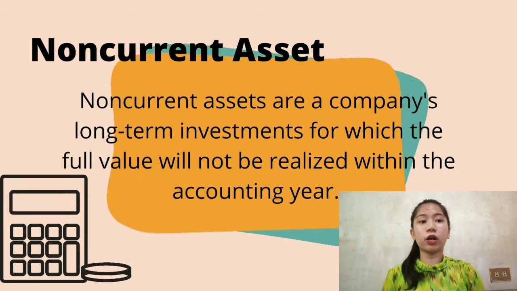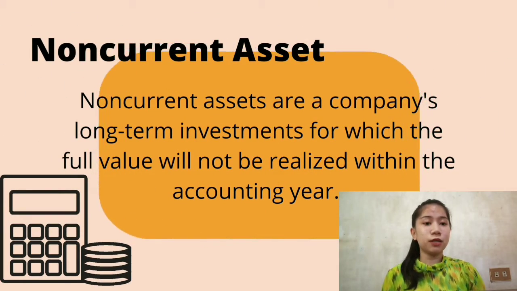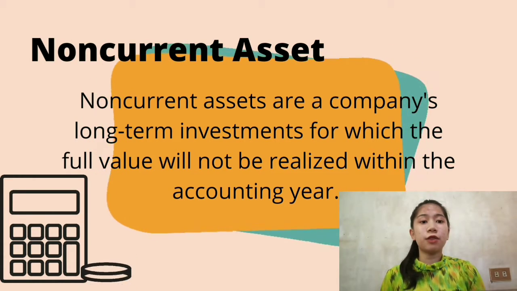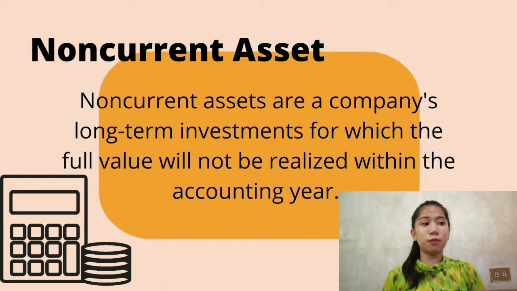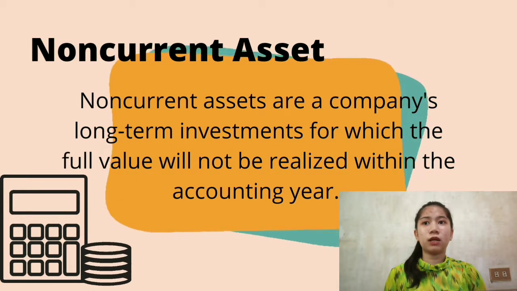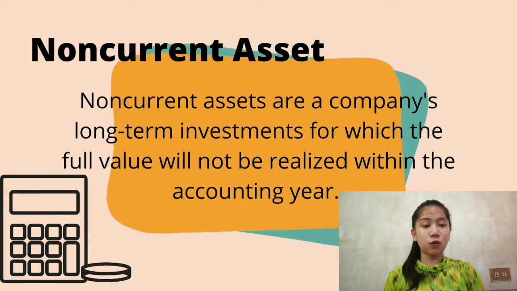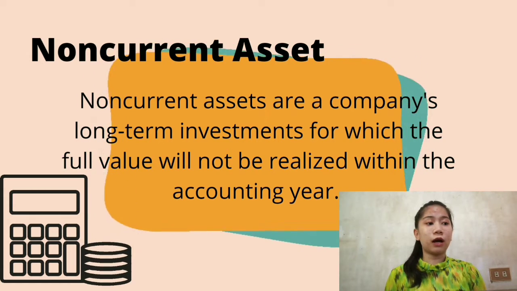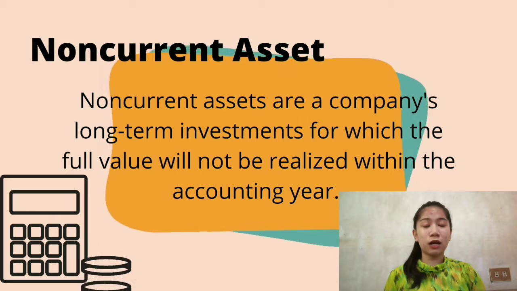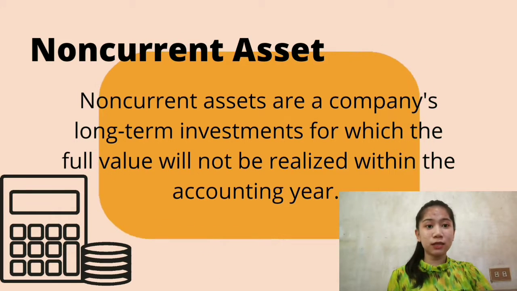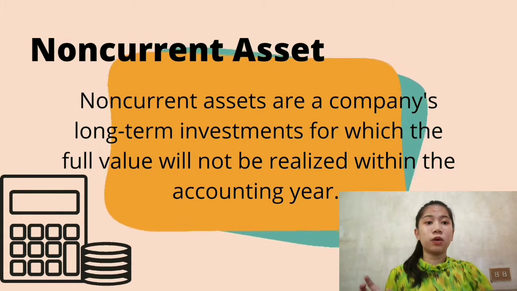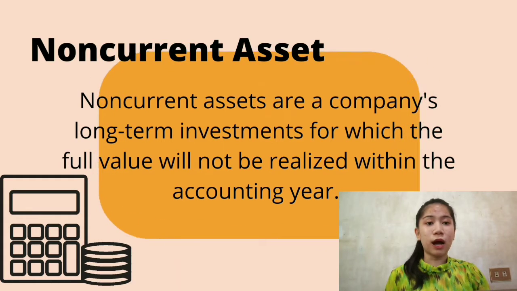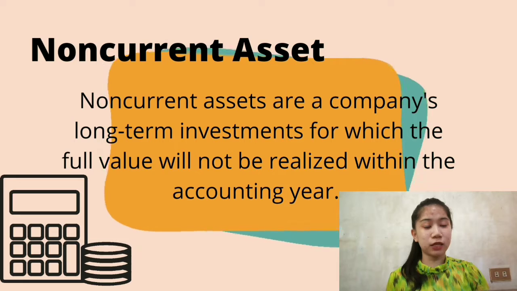Non-current asset, or long-term asset. These are the long-term investments of a company. This may be used or claimed within the next 5 years or more. This means that an asset that exceeds a year will be classified as a long-term or non-current asset.